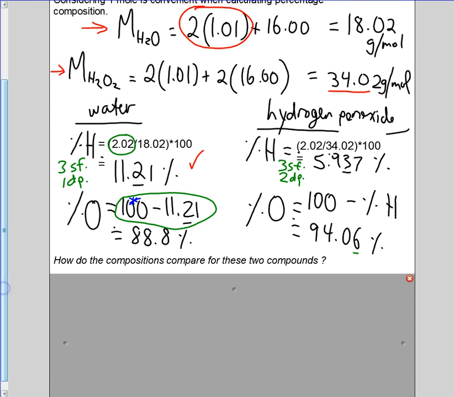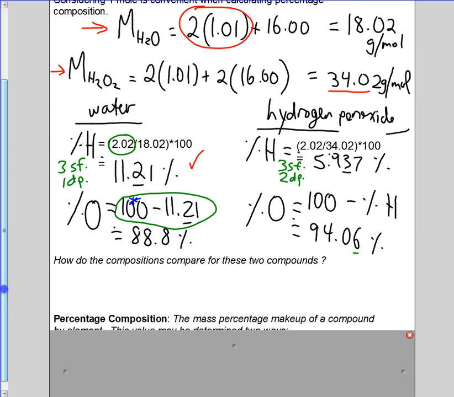But again, composition compares in the same way as it did for CO and CO2. We would have a higher percentage hydrogen in water. So water, by molecule, has more hydrogen in it than does hydrogen peroxide.